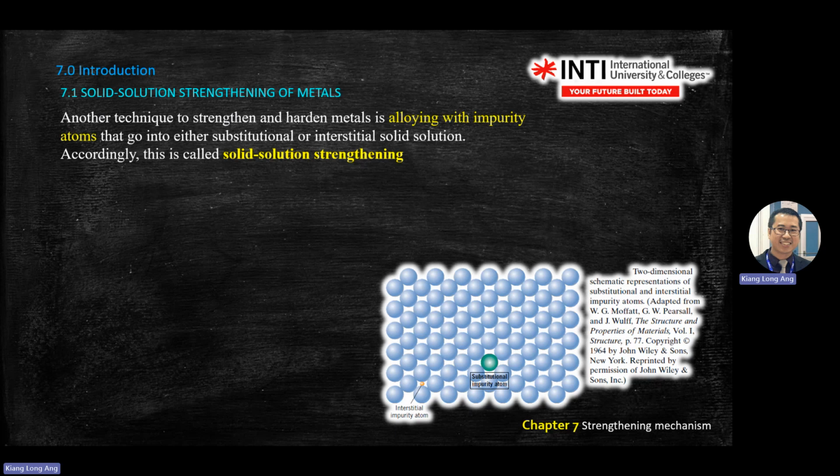Or another method is interstitial. We have learned about BCC, FCC, HCP, and you should be able to find the gap inside the crystal structure. Then you should be able to find either substitution or interstitial.